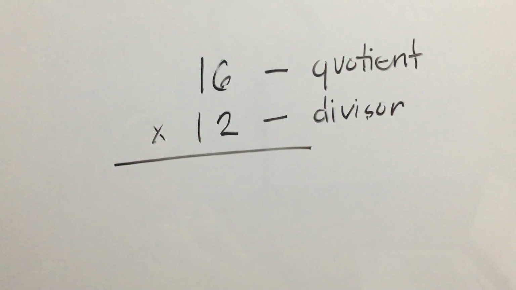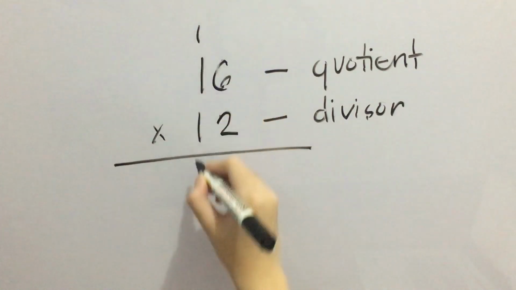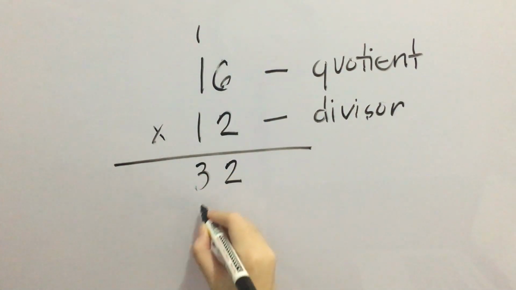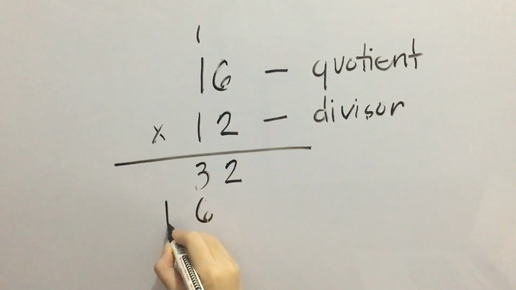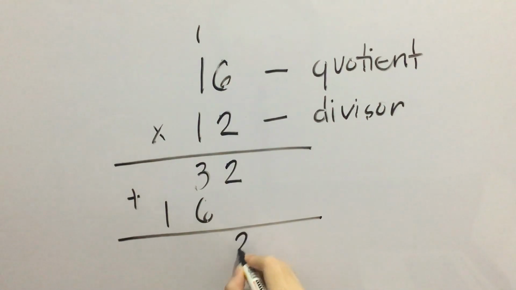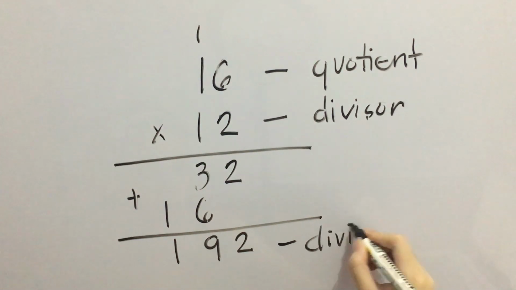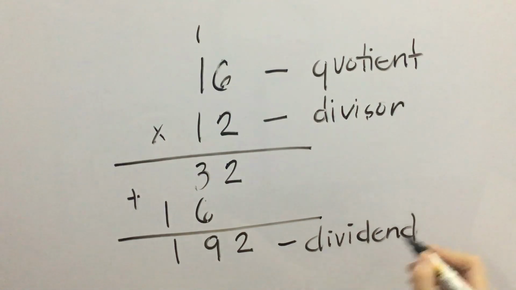And for step 4, check the quotient using multiplication. We are correct. The quotient of 192 and 12 is 16.